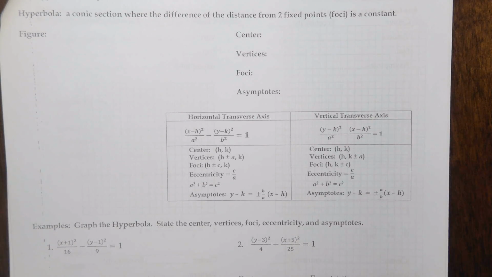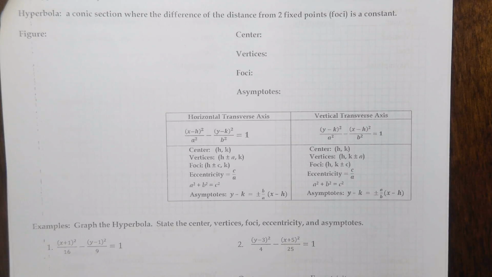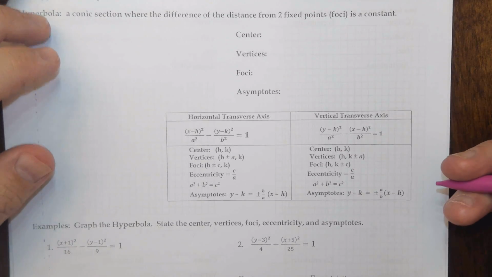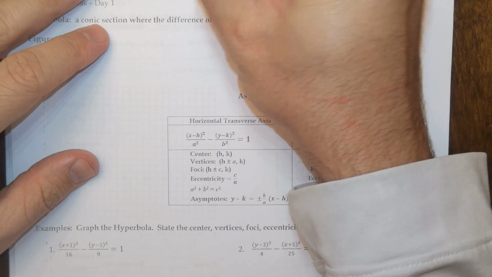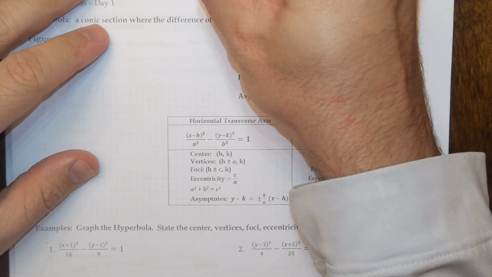All right, so with hyperbolas, we're going to see some of the same formula as ellipses, but with a little change, okay? So let's go over some definitions real quick. The center is still going to be (h, k), like it's always been.